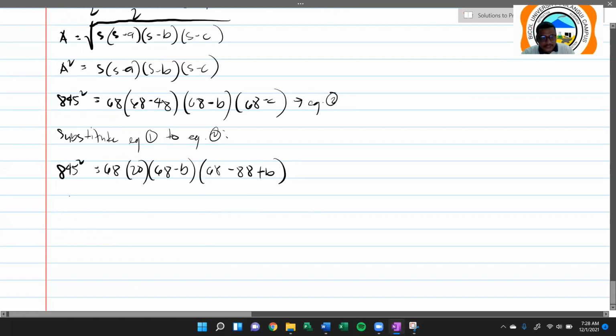So let's divide both sides by 68 times 20. So we have 845 squared over 68 times 20 equals this one. This will become 20, yes, 20.